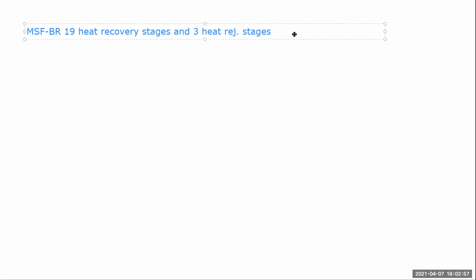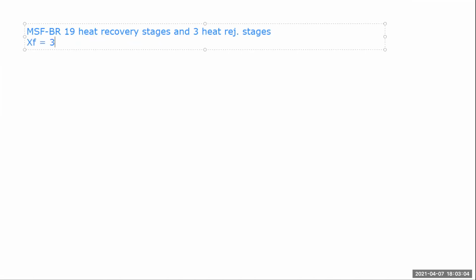So we're talking about an MSF brine recirculation system that has 19 heat recovery stages and 3 heat rejection stages. So 19 plus 3, the total number is 22 stages. It has the following information.